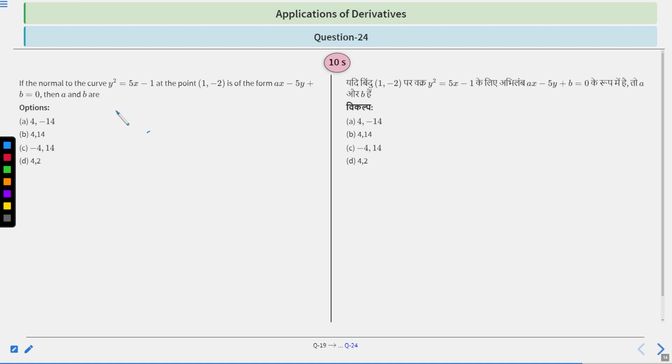By using the value of dy by dx, now we can find the equation of normal at (1, minus 2) by using y minus y1 is equal to minus 1 by dy by dx into x minus x1. Now we will get the equation of normal. After that we can compare this equation with the given form to get the values of a and b, right? So you have 10 seconds to solve this question. After 10 seconds we will discuss the solution.